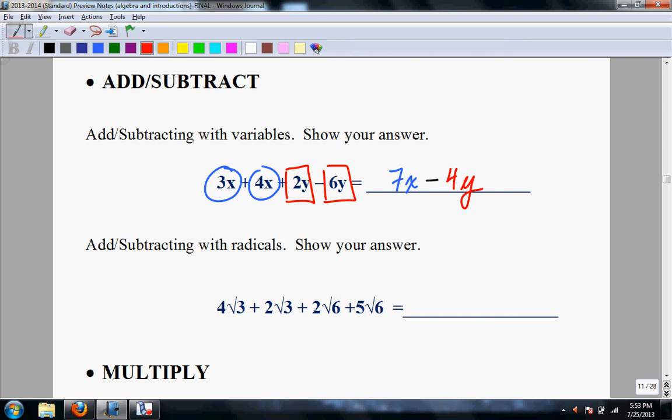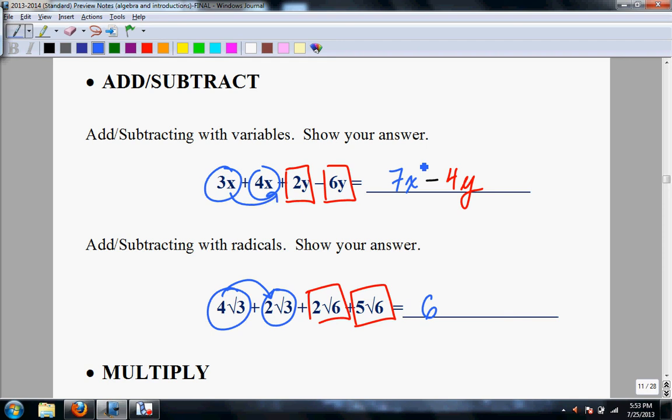Follow the same rules using radicals. We collect like terms. There's root 3 and root 3. Something with root 6 and root 6. 4 plus 2 is 6. So I have 6. Now those do not add. Just like here, this x and that x, they don't add.